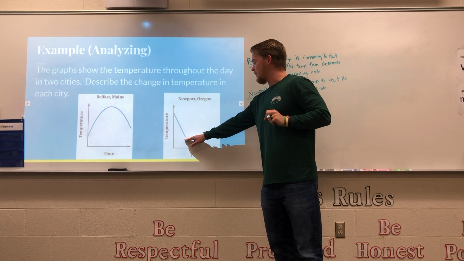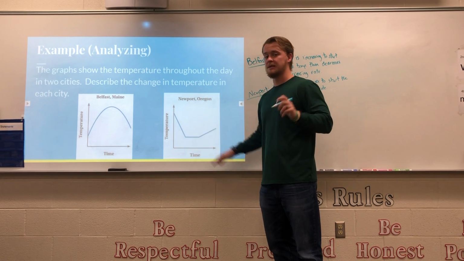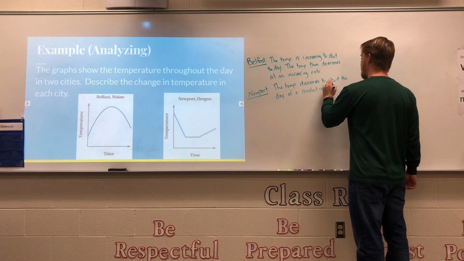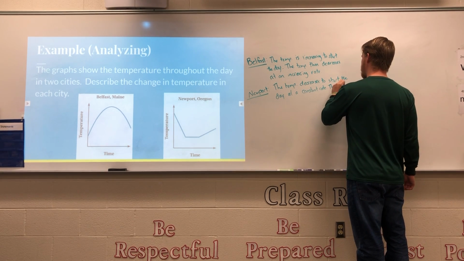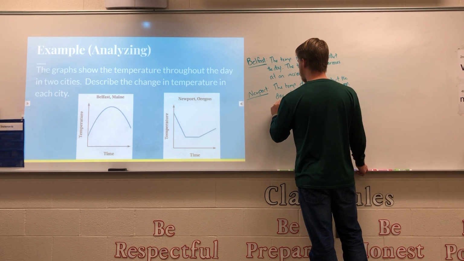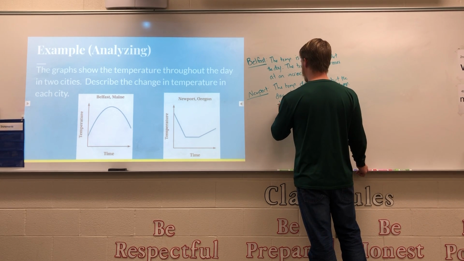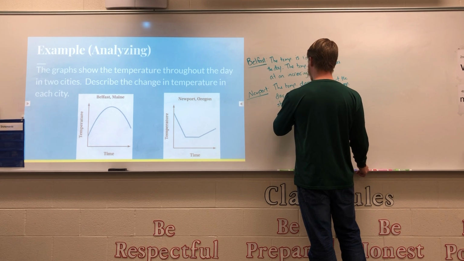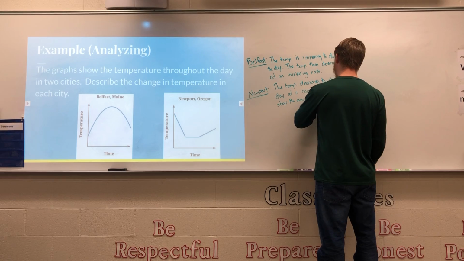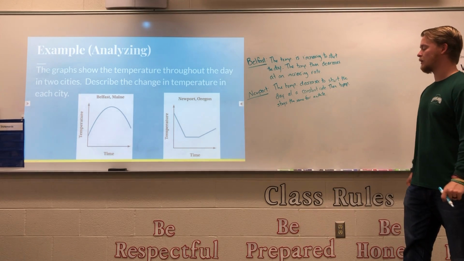Then in the middle of the day, it's flat, so that means the temperature stays constant or does not change. So you can say, then the temp stays the same for a while.